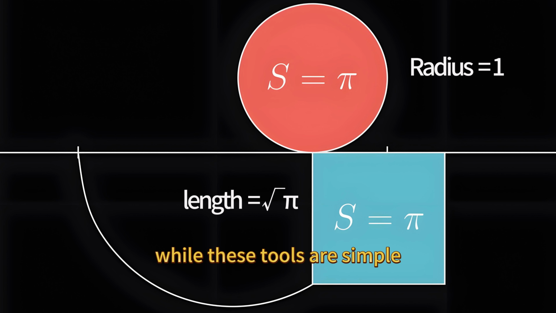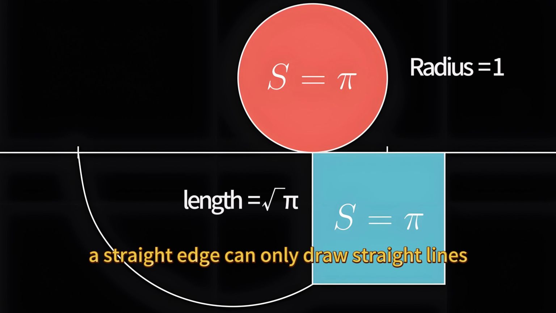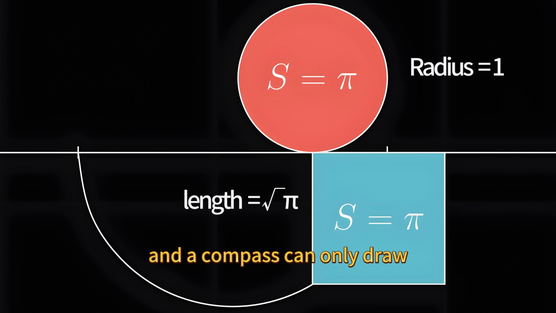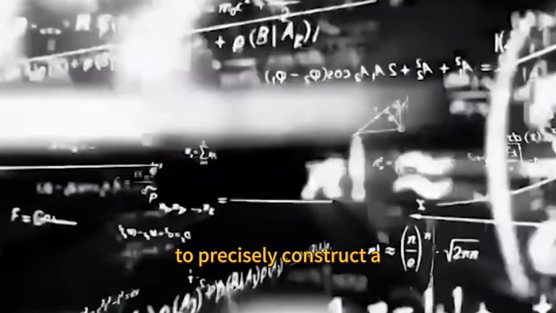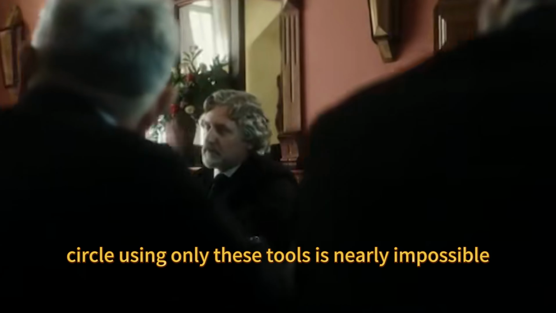While these tools are simple, their capabilities are limited. A straight edge can only draw straight lines, and a compass can only draw circles and measure distances. To precisely construct a square with the same area as a given circle using only these tools is nearly impossible.